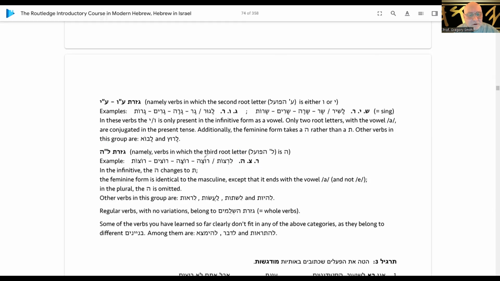Okay, so namely verbs in which the third root letter, the lamed, the pe'ul, of the verb is hey. So this is how it looks when they are a hey. And it literally changes to a, let's see here. Then some of them it changes to a tav here in feminine plural. Let's see, actually that might not be true there. Let's just go through these here.